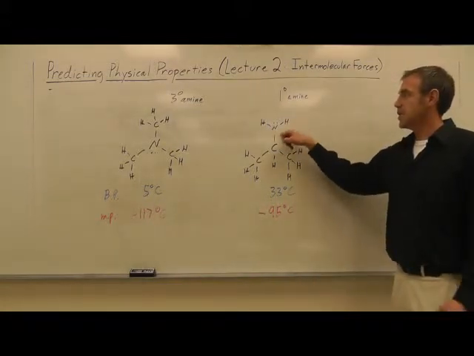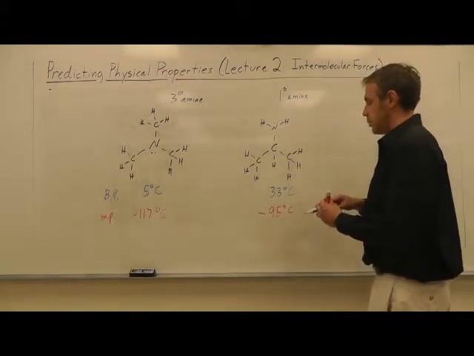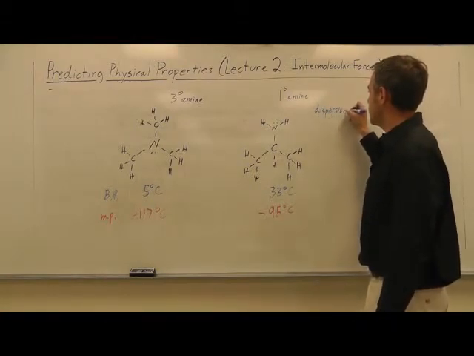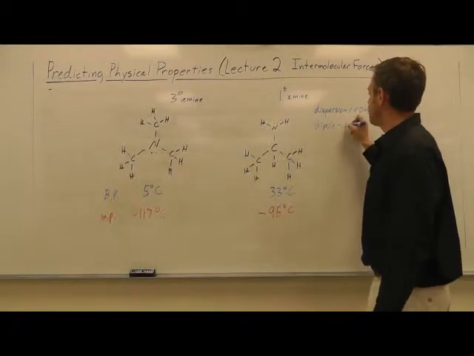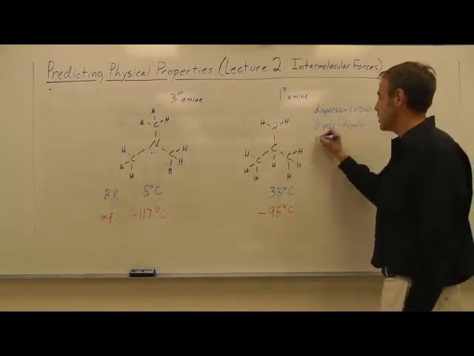But here, because we have this NH bond, this one has dispersion forces, or van der Waals. It's got dipole-dipole. So the same can be said for both of these, but only this one can hydrogen bond.